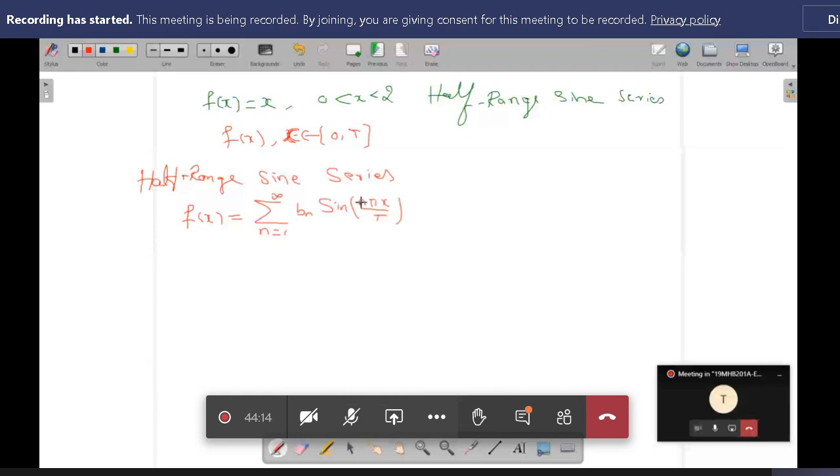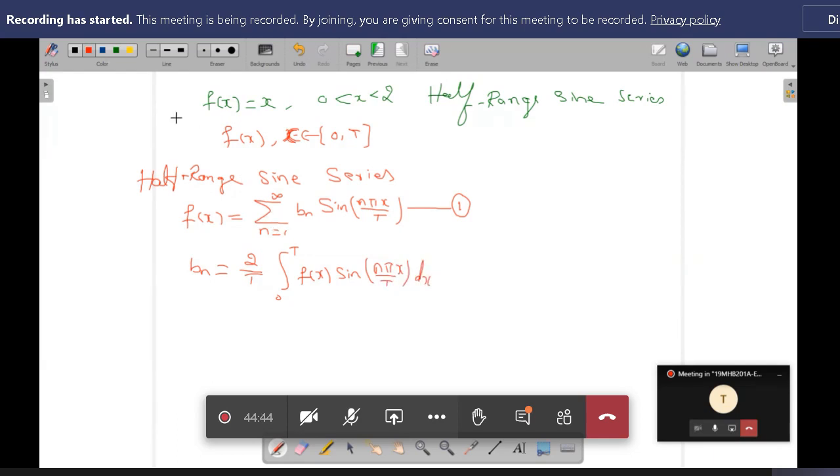I have specified why 2 is not here in the half range: because the period is now t. So this is equation 1, and bn is defined as 2 by t integration from 0 to t f of x into sine n pi x by t into dx.